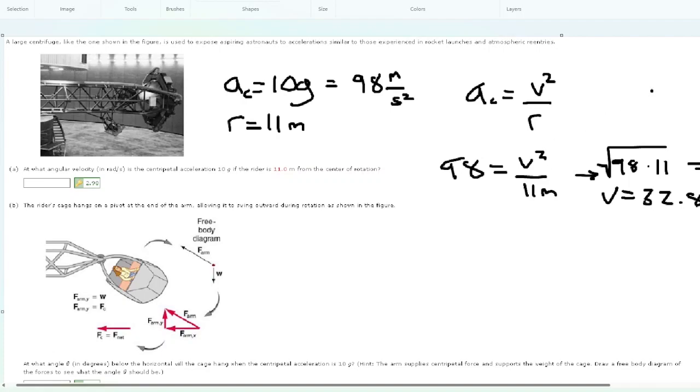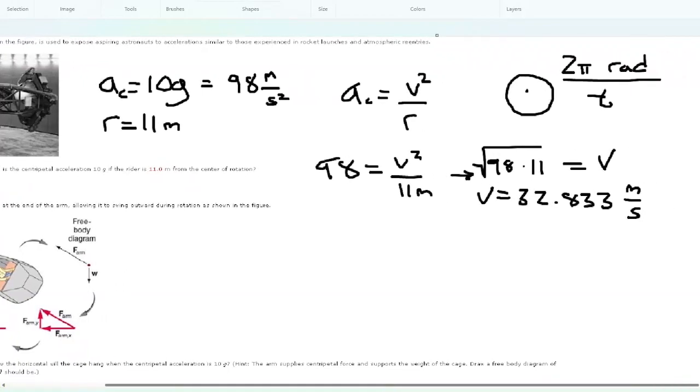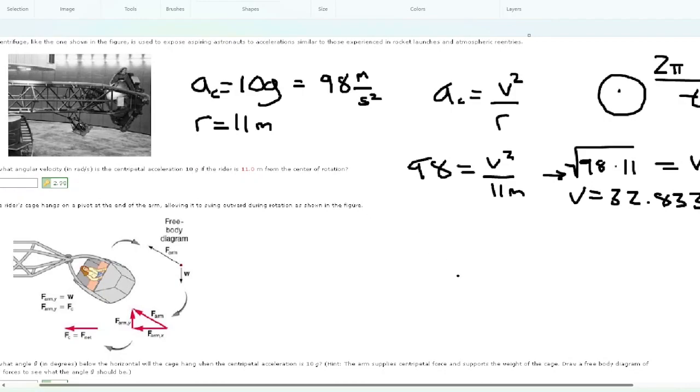We know that the entire revolution of a circle is equal to 2 pi radians. So how long does it take to traverse the entire circle, or the entire circumference in this case? If we can calculate the time it takes to traverse the entire circumference, then 2 pi radians over t is going to be equal to angular velocity. So let's solve for t.